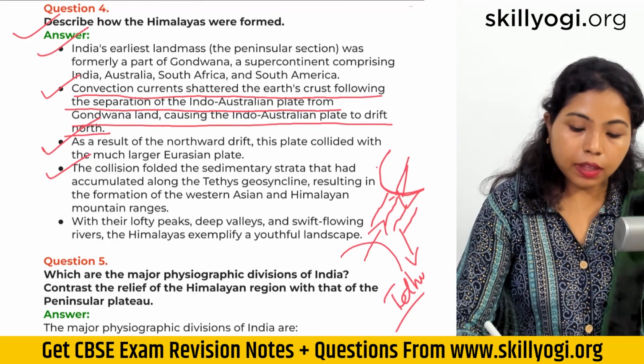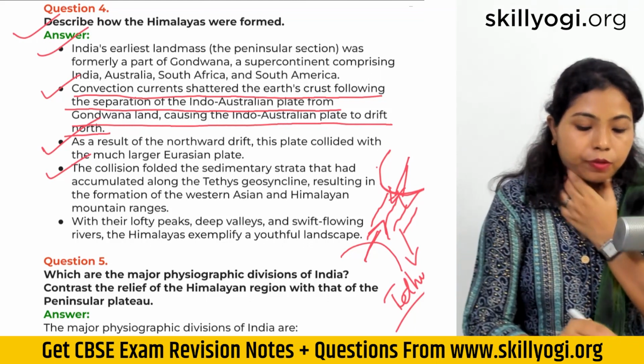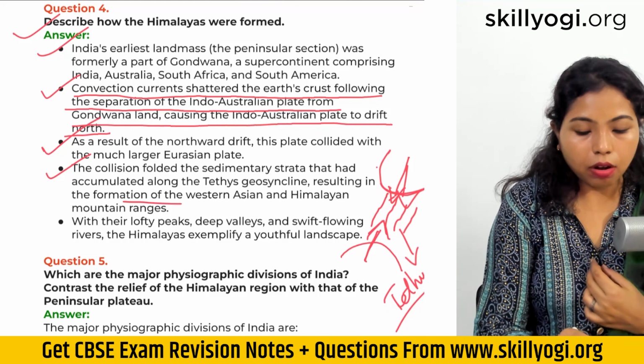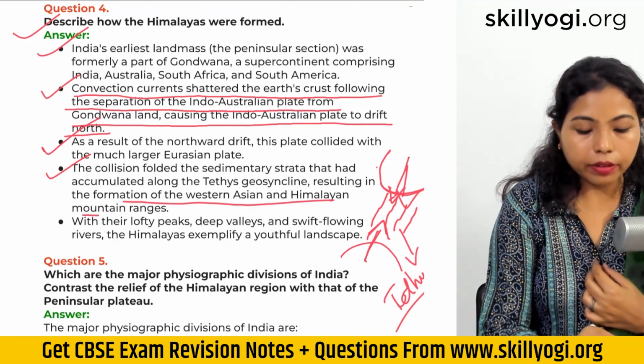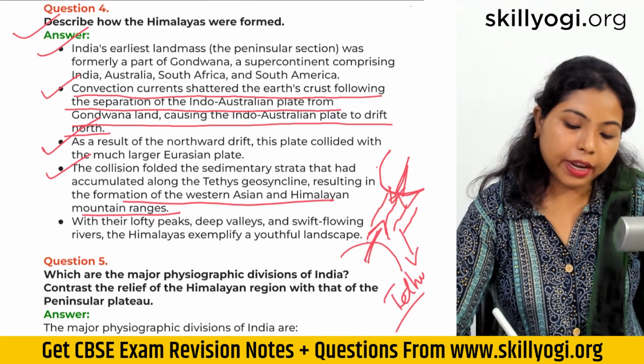When both plates collide with each other, what happens? It results in the formation of the Western Asian and Himalayan mountain ranges. Some folds form by the pressure of the two plates.